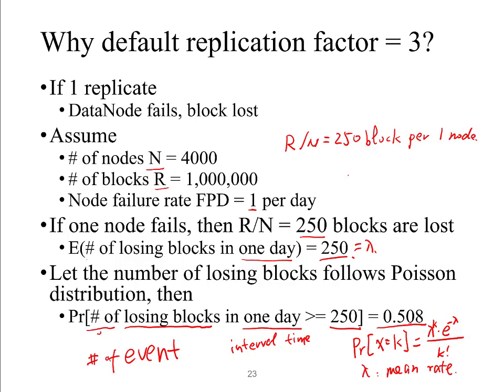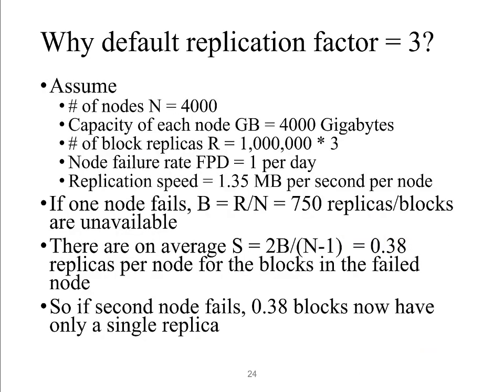All right. So let's see the case of 3. Again, the number of nodes equals 4,000, and the number of block replicates is 1 million times 3, because we have 1 million blocks, and each of them has 3 replicates, so it's 3 million.